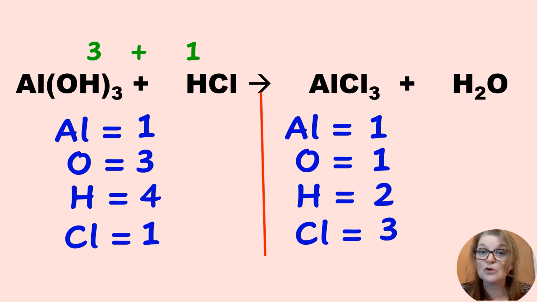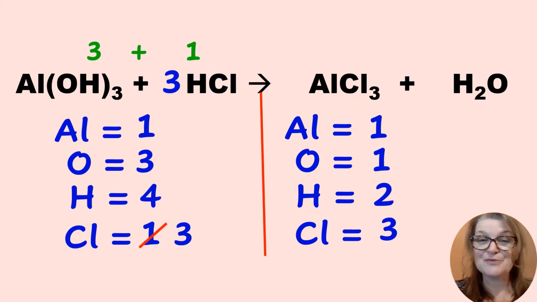So I'm going to start with the chlorine. And I can see that there are 3 chlorine on the product side. To get 3 chlorine on the reactant side, I'm going to put a 3 in front of the HCl. And then I'm going to immediately change my inventory. But that coefficient of 3 also changed the hydrogen. So now in the HCl, there's not 1 hydrogen, there will be 3.